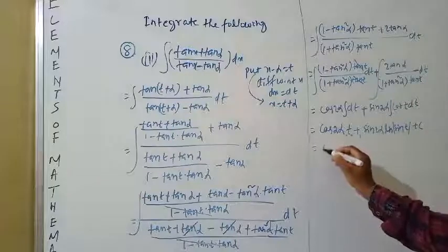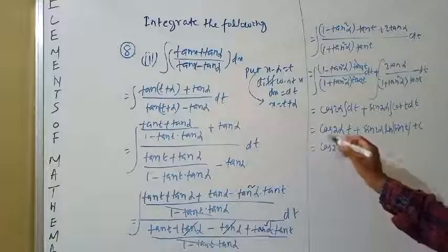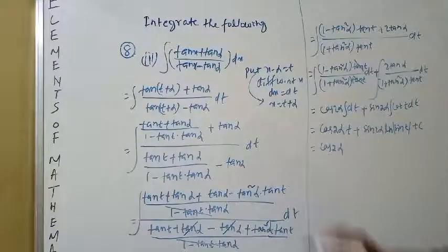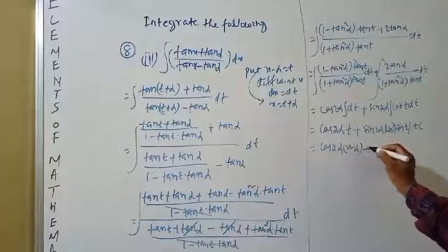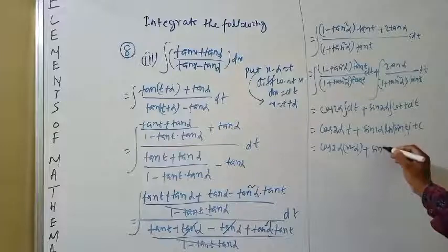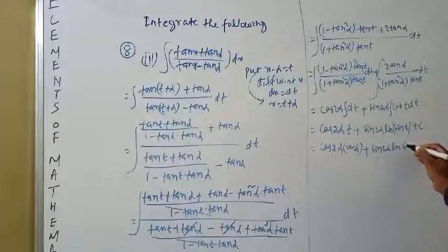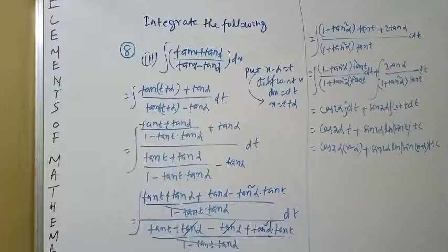That is equal to cos 2 alpha, t is x minus alpha, so cos 2 alpha times x minus alpha, plus sin 2 alpha ln sin of x minus alpha, plus c. Pause the video, note it down.